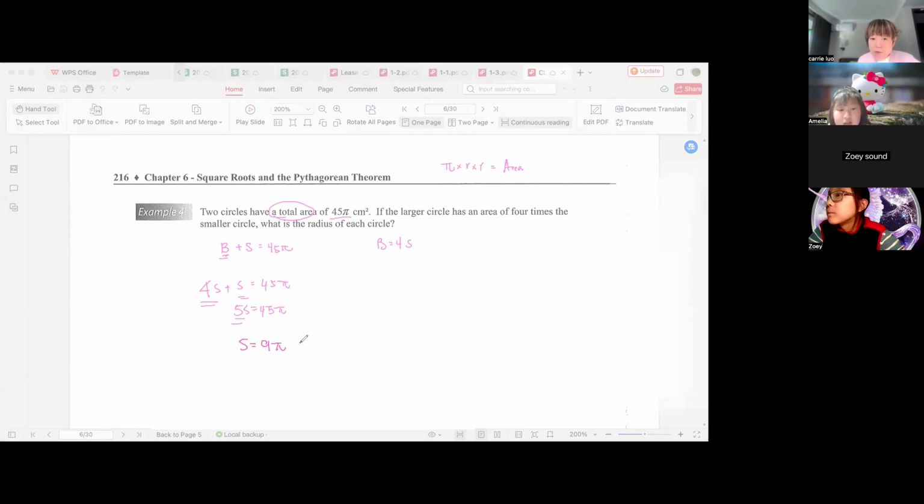So the smaller circle has an area of 9 pi. The area of a circle is pi times radius squared. So the radius equals the square root of 9 equals 3 centimeters. The bigger one has an area of 36 pi, right? So the radius of the bigger one equals the square root of 36 equals 6.